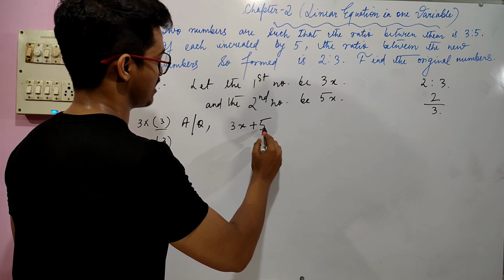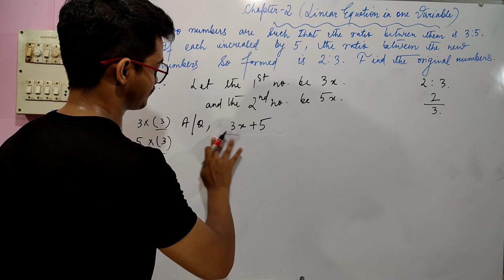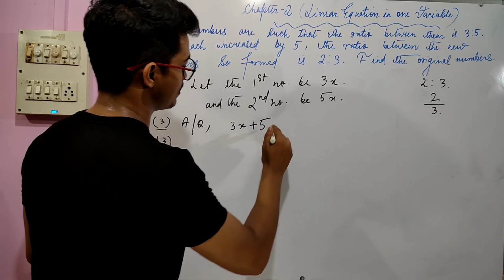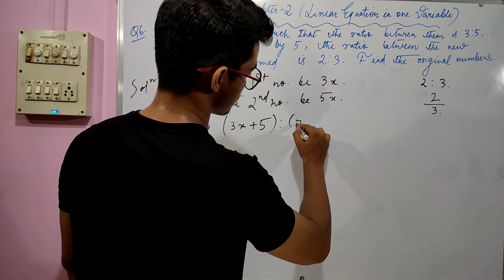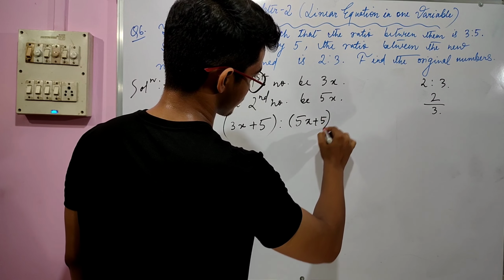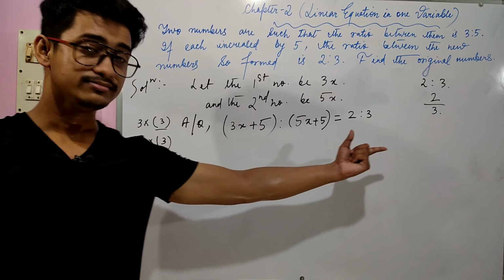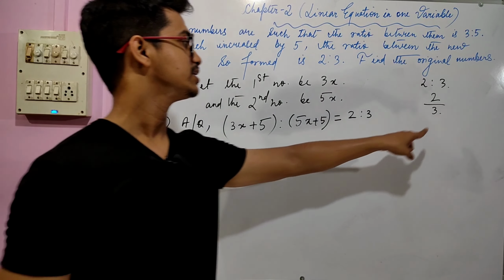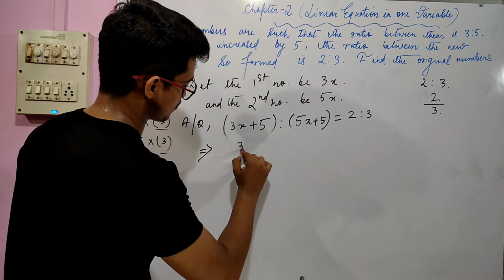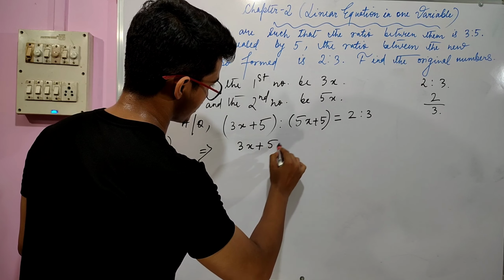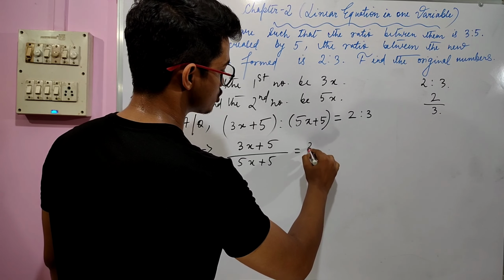So the condition will be 3x plus 5 is to 5x plus 5, equal to the new ratio 2:3. After the ratio it will be converted into a fraction. So the final equation will be 3x plus 5 by 5x plus 5 equal to 2 by 3.